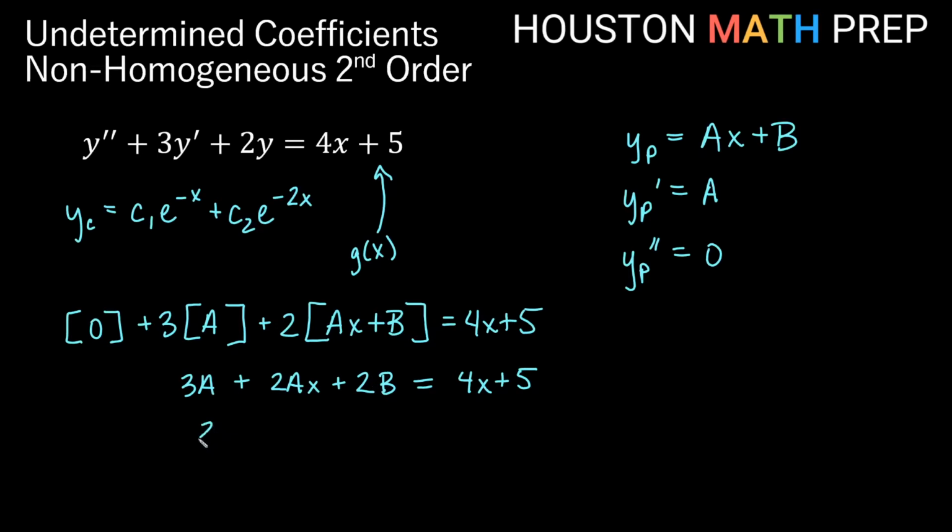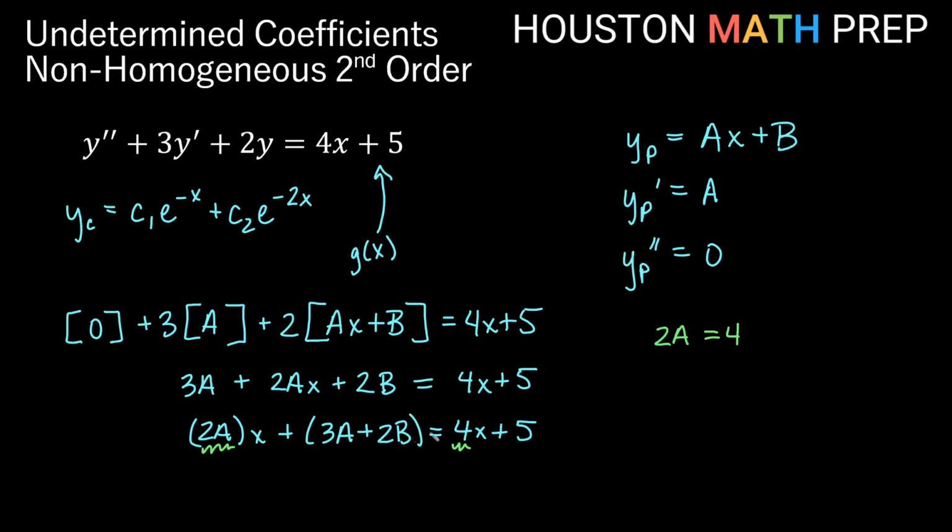So over here I'm going to say 2a times x plus 3a plus 2b. So it's easy for me to see how many x's I have on each side, how much constant I have on each side, right? So you can see here, how many x's do I have over here? I have 2a. How many do I have over here? I have 4. So that tells me, right, that 2a should equal 4.